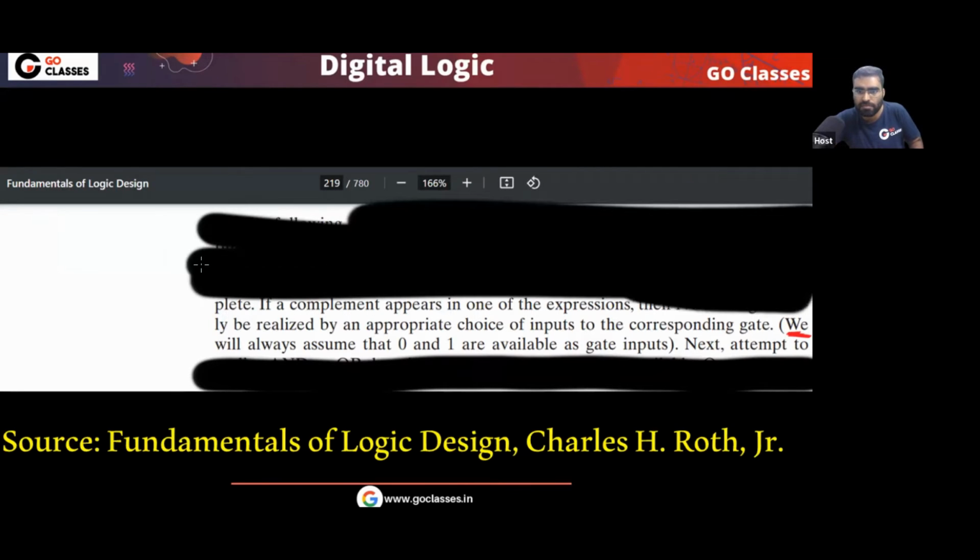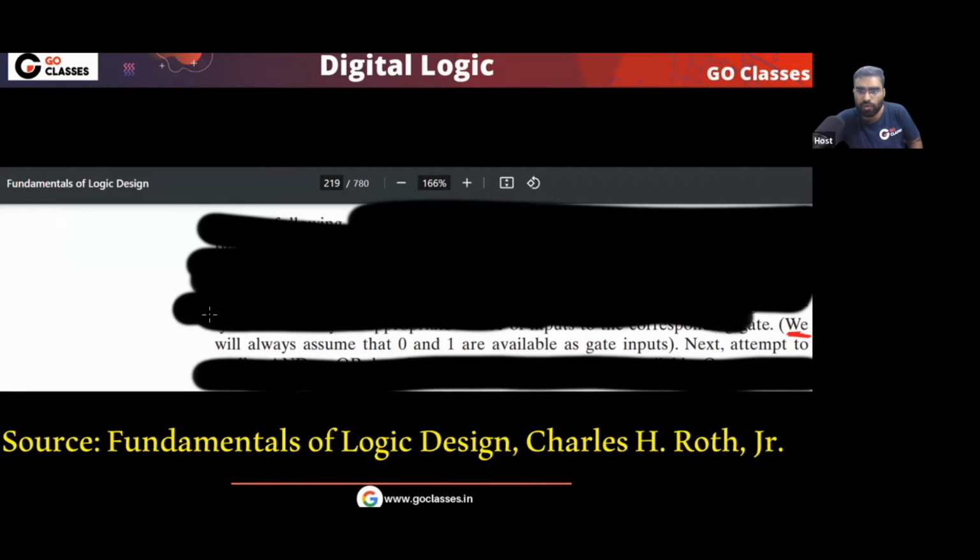What are they saying? We will always assume that 0, 1 are available as gate inputs. Please tell me, did you understand?